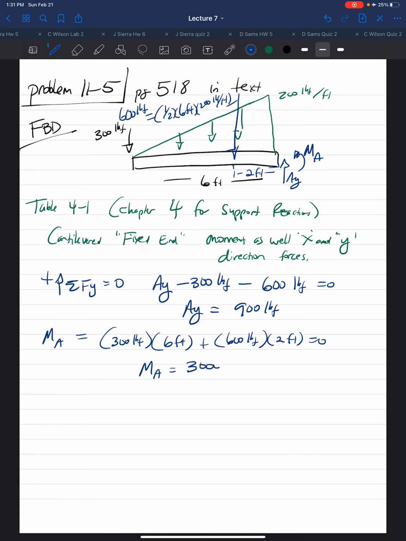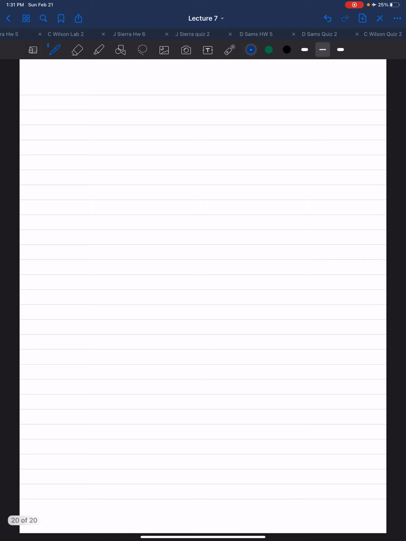This is equal to 3,000-pound force feet. So that's our support reactions.